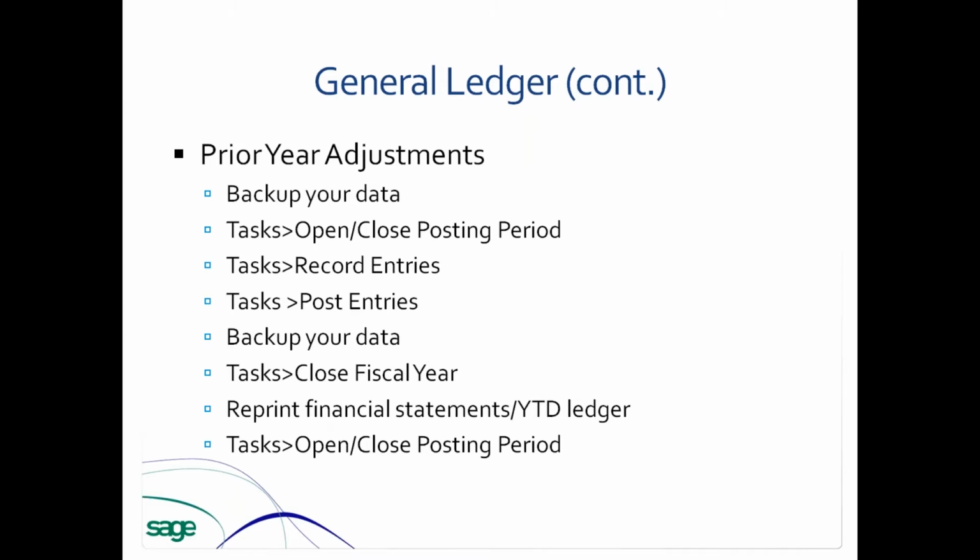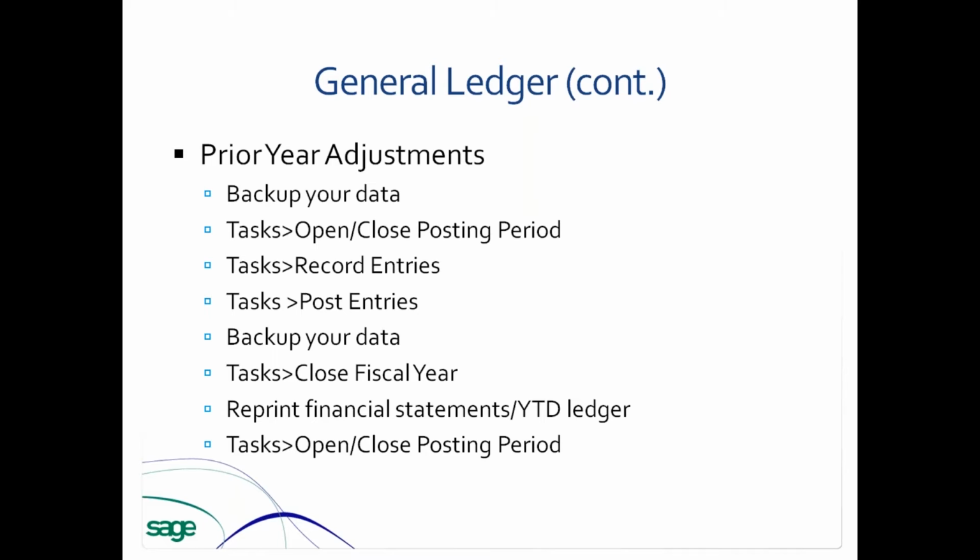Okay, so by doing that in the same timely fashion that you do the close month, you're able to go ahead and get financial statements for January, February, March, April. Maybe it's April before the accountant gets back to you with those final adjusting entries. So here's what you need to do for those prior period adjustments.